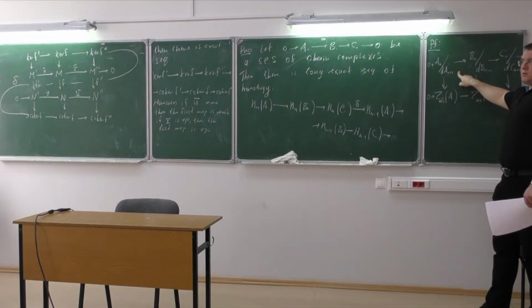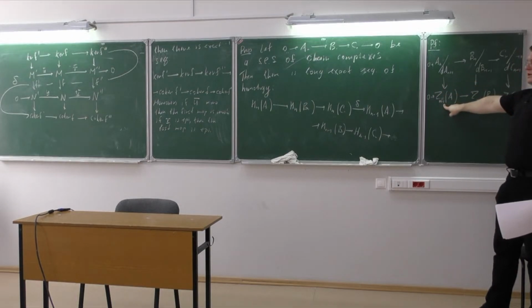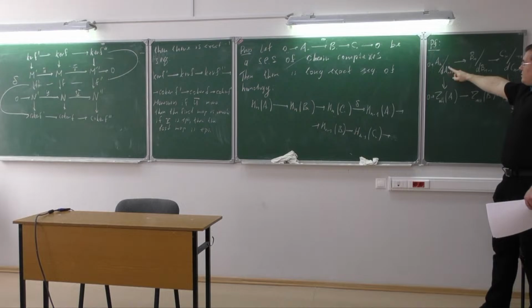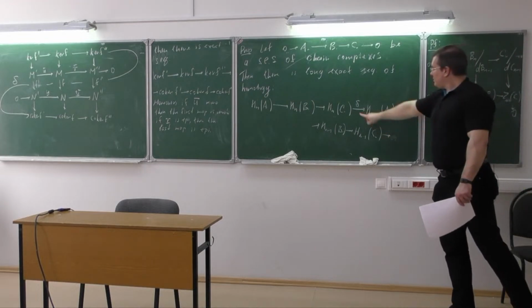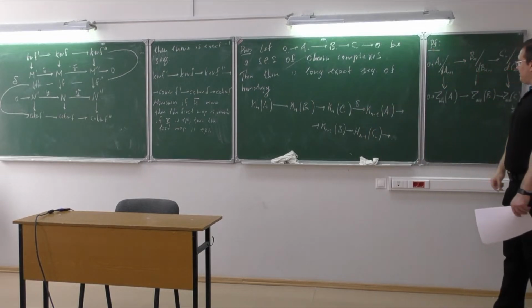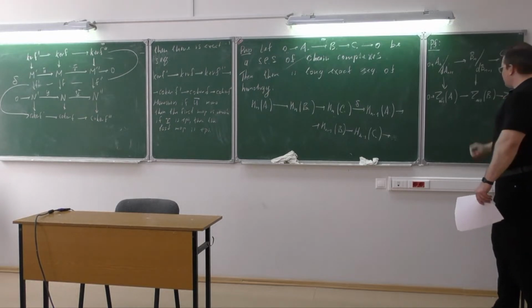That's precisely the homology with index n. Now what is the cokernel? We take the cycles with index n+1. We already agreed that the image of this map is the boundaries, so the cokernel is the homology with index n-1. That's exactly what we need to construct this connecting homomorphism. I don't really want to write anything on the blackboard. I think it's easy.